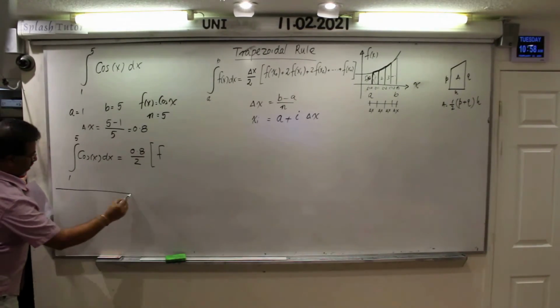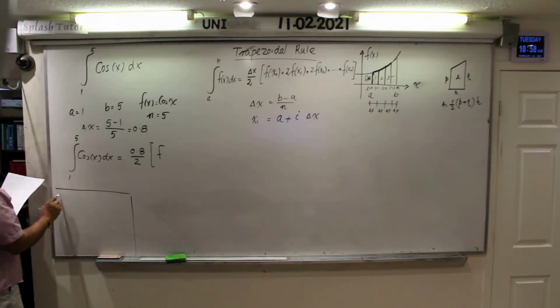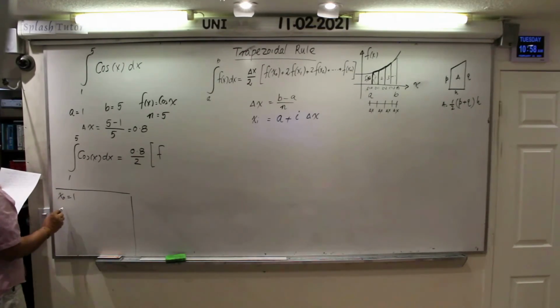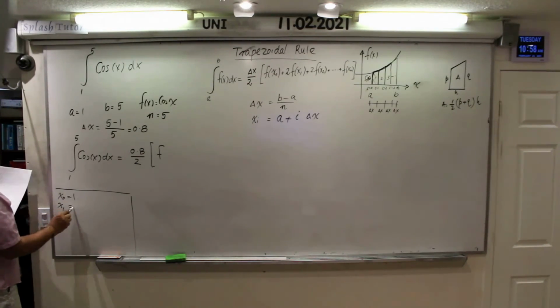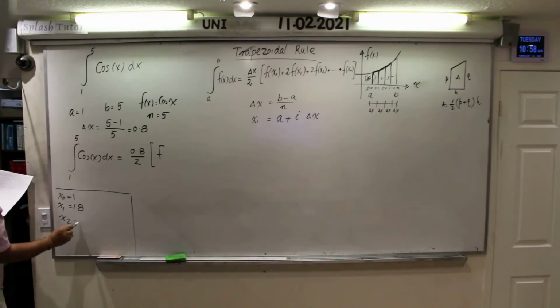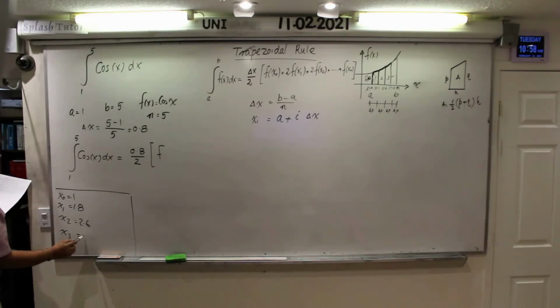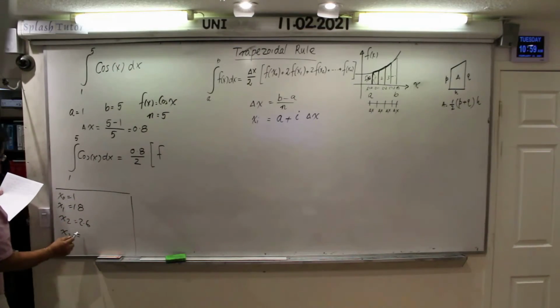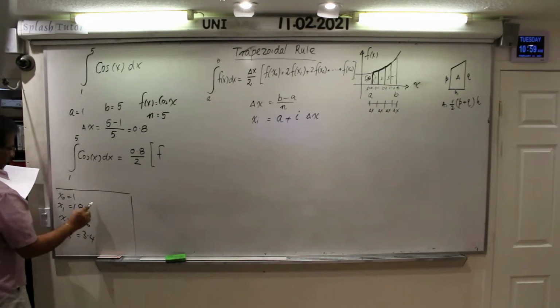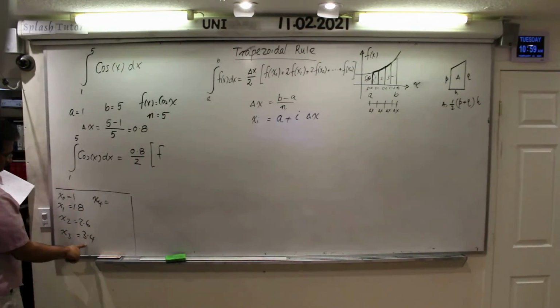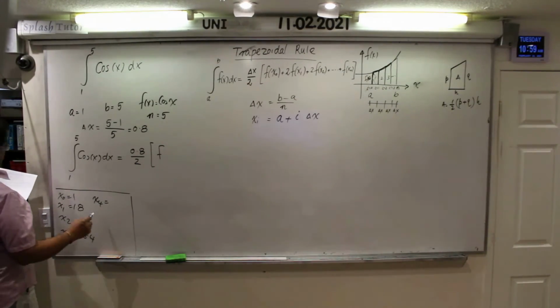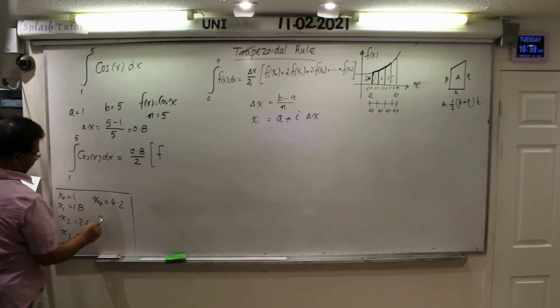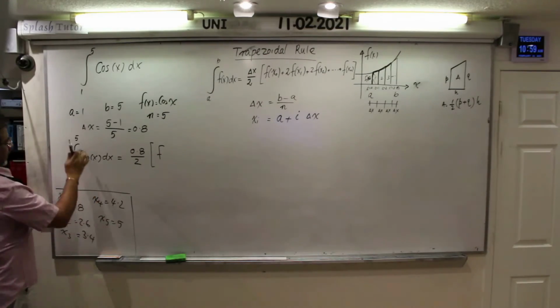We can find x0 is equal to 1, x1 is equal to 1.8, x2 is equal to 2.6, and x3 is 2.6 plus 0.8, that is 3.4, and x4, you add 0.8 here, and that is 4.2, and the last one, x5, is equal to 5.